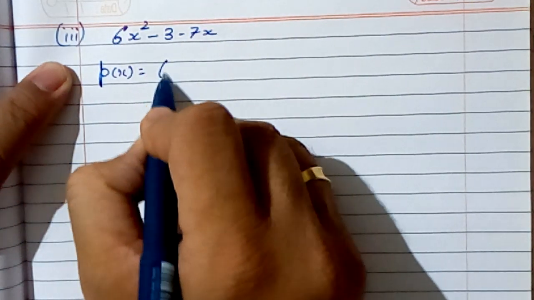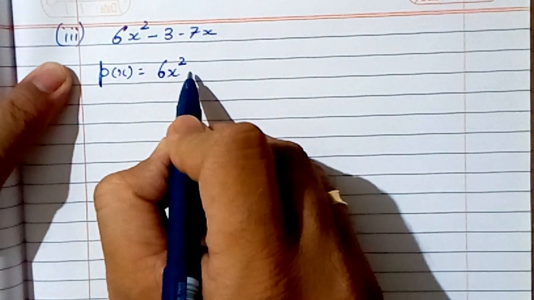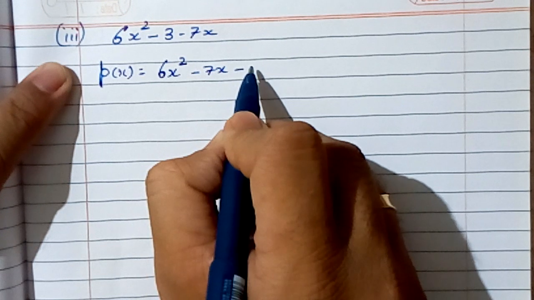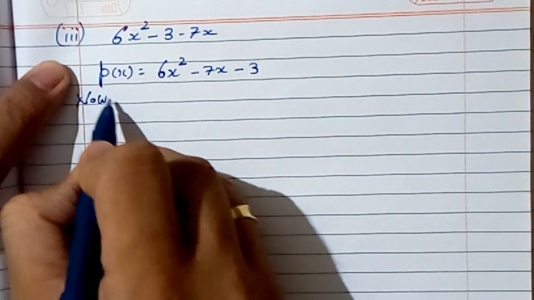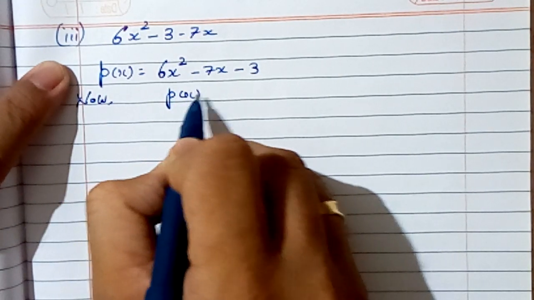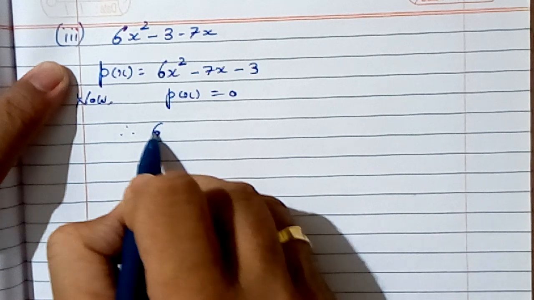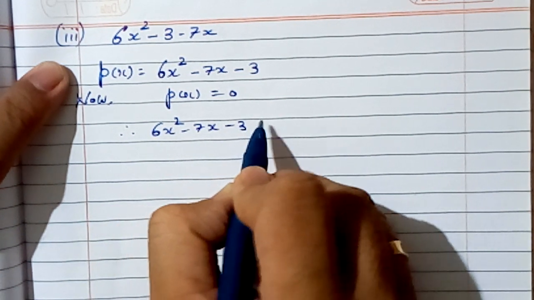So very first 6x square, then the term of degree 1, that means minus 7x, then degree 0, that means constant term, minus 3. Now suppose p of x equal to 0, therefore 6x square minus 7x minus 3 equal to 0.